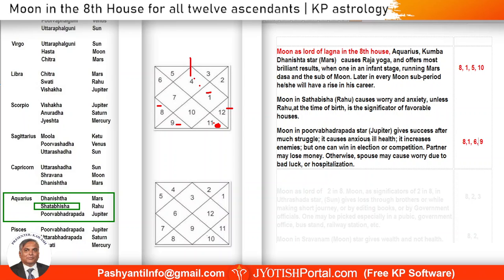It causes anxiety, ill health. Ill health is fine. You see, there is 1, 6, and 9. Sorry, 6 and 8. So, whenever the 8th is there, apart from the 1, then there is always some kind of a concern about the health. 1 and 6 also cause some kind of a disease, but those are very minor.